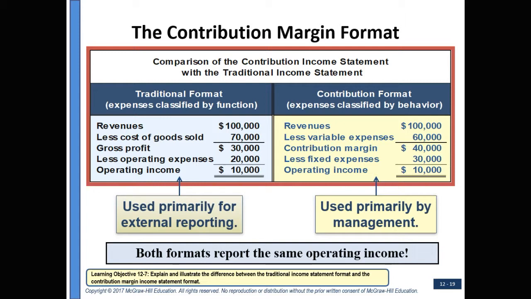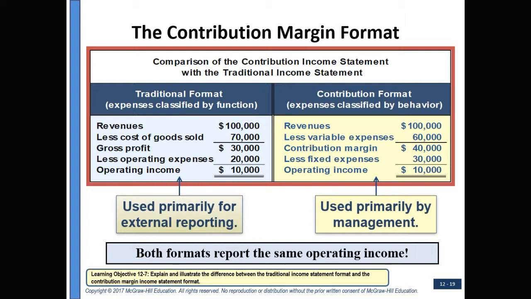Where the contribution margin format, which is only used internally, primarily by management, emphasizes expenses classified by their cost behaviors. Based on the contribution format, variable expenses are subtracted from revenues to arrive at what we call the contribution margin.